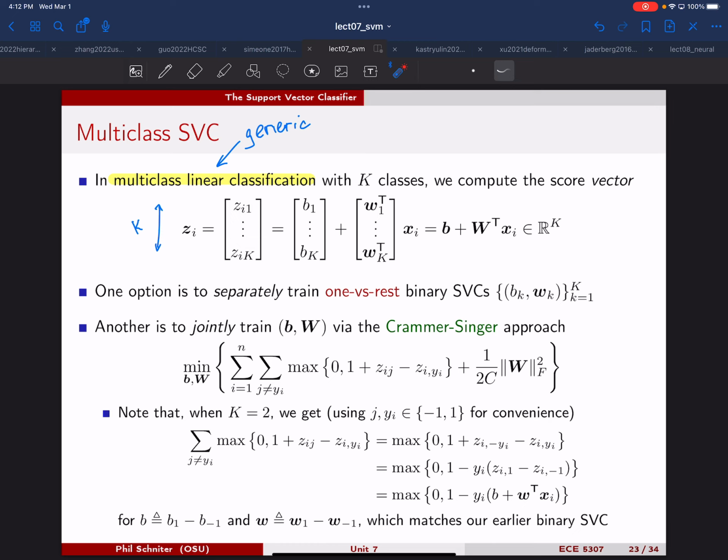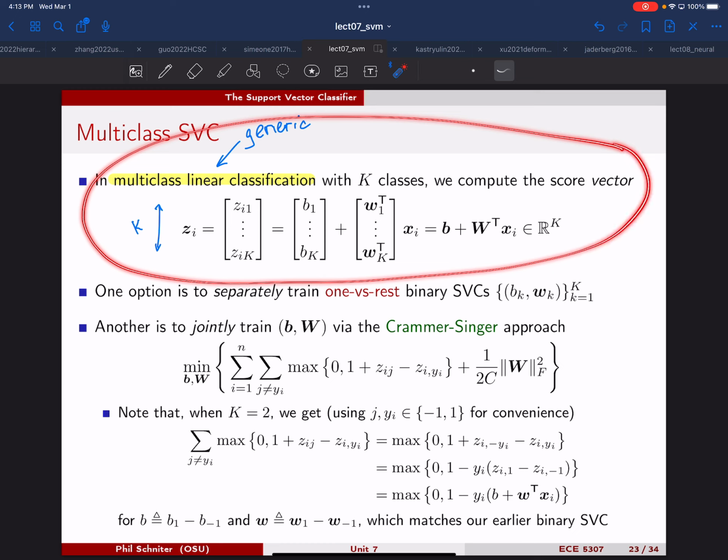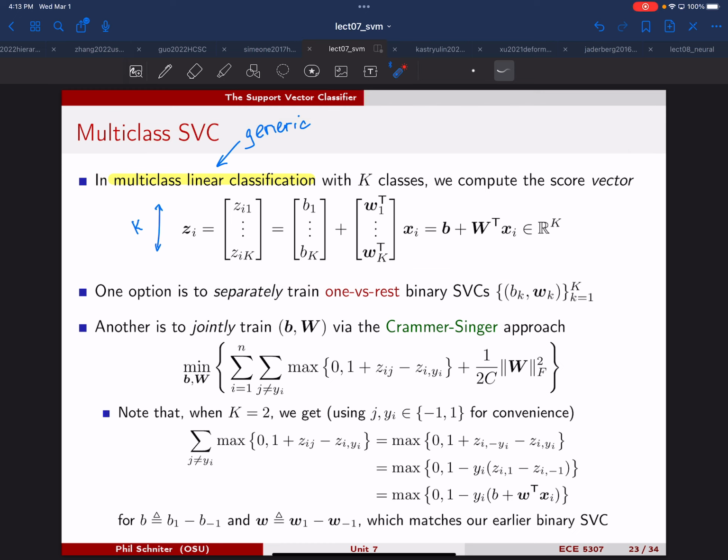So it's like we have a separate prediction vector for every class, and a separate bias term for every class. And that's what we did before with multi-class linear classification back in Unit 5. Are there any questions about this before we move on?